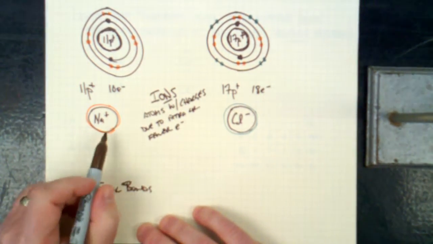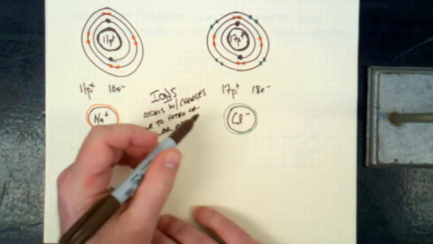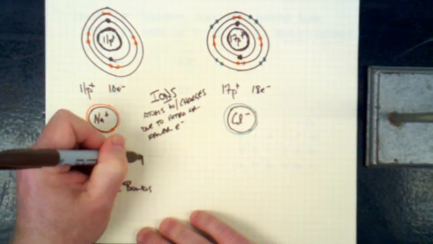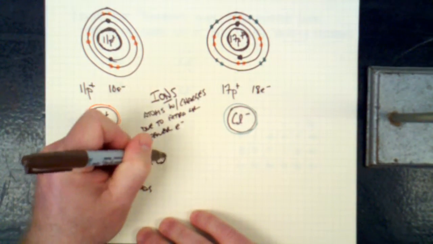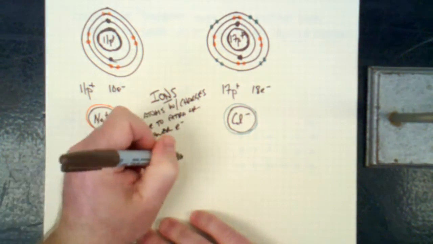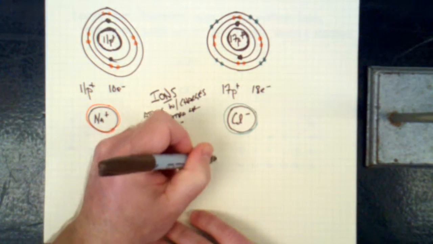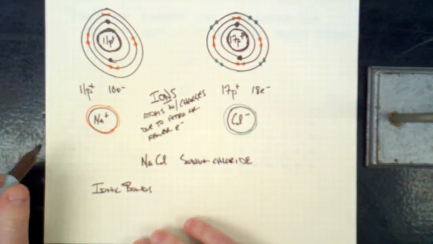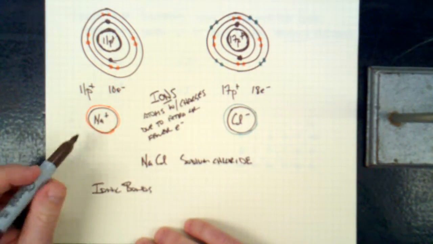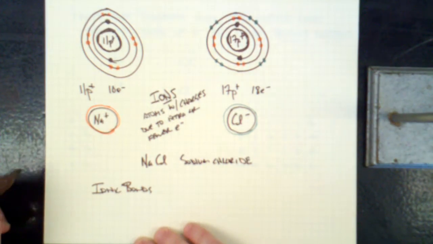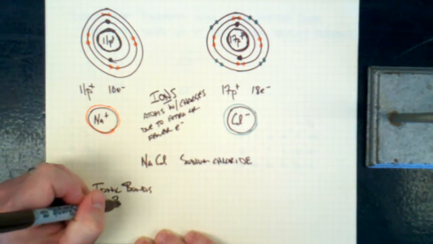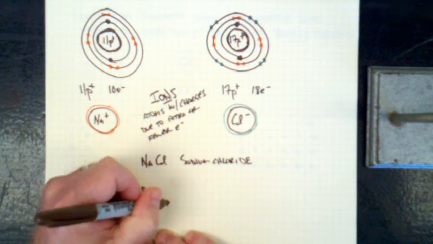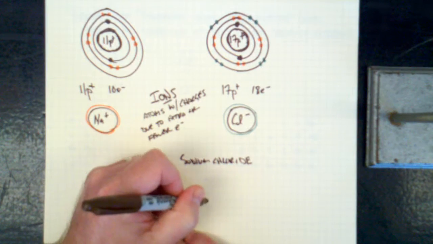Now, the one thing that happens, though, is that because this guy's positive and this guy's negative, opposites attract. So what happens is that it pulls this sodium together with this chlorine to make sodium chloride. So this is what we call an ionic bond. Ionic bonds happen between metals and nonmetals.